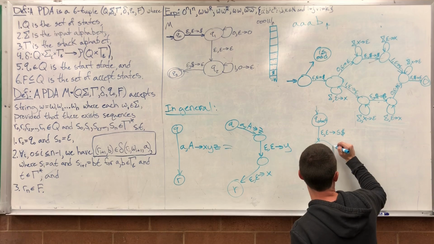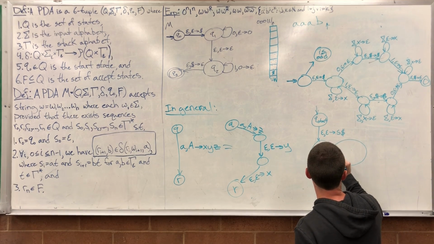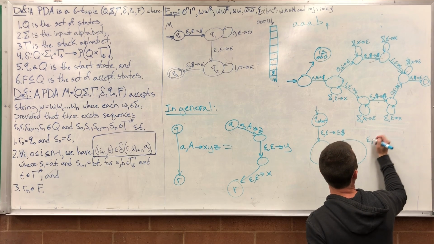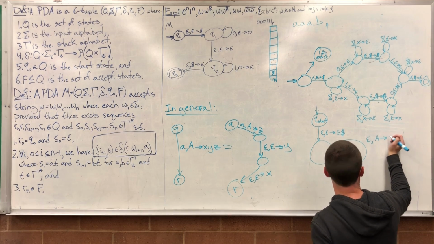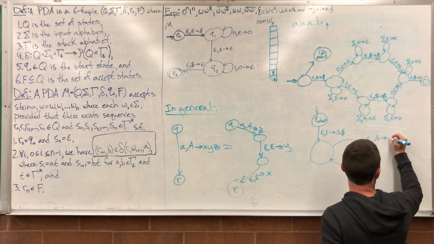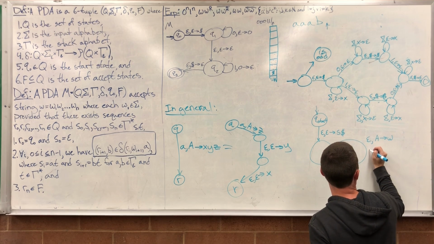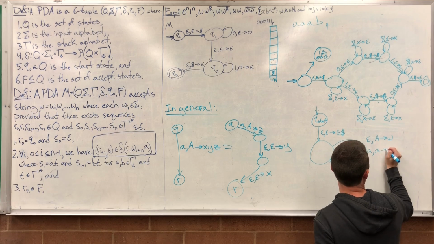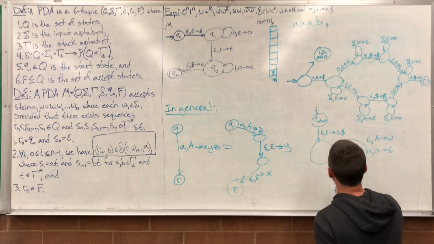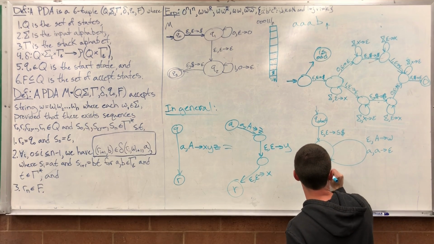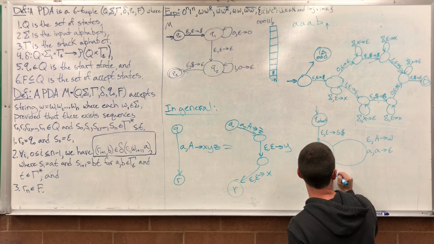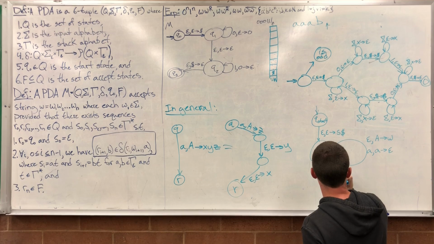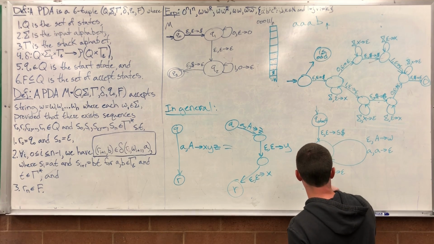And then here, we're going to have a loop where, reading nothing, we're going to pop A and push W, and reading little a, we're going to pop A and push epsilon. And then finally, going from here to here, read nothing, pop $, push nothing, to get to our accept state.